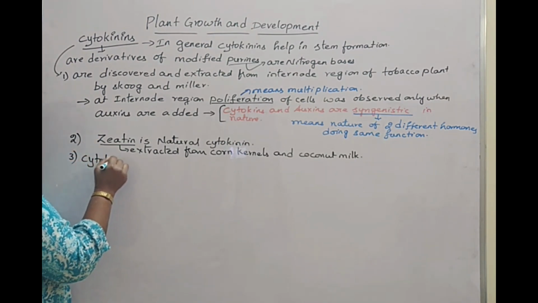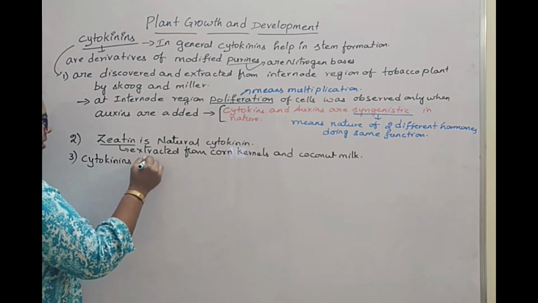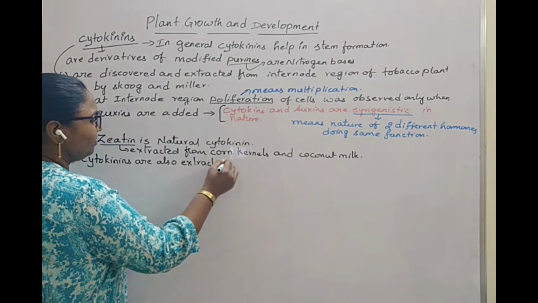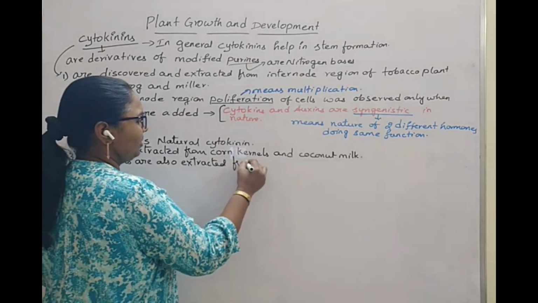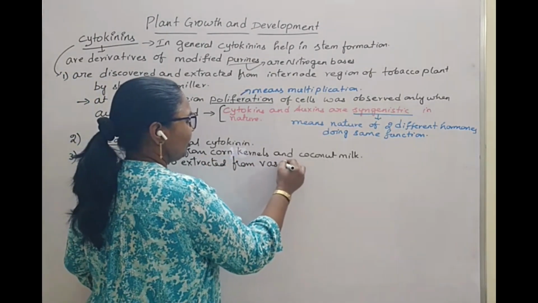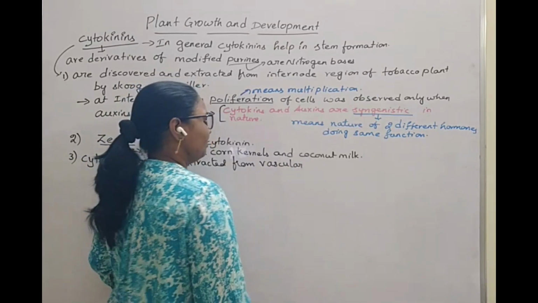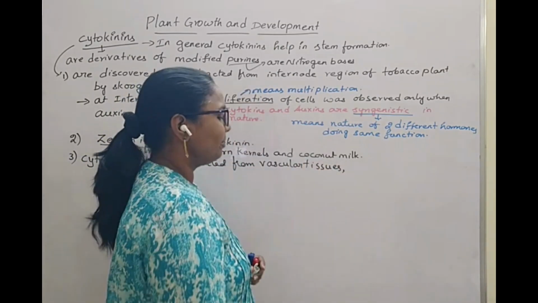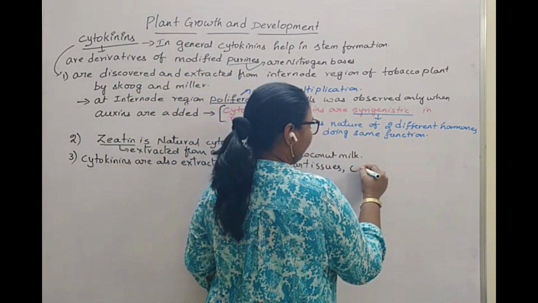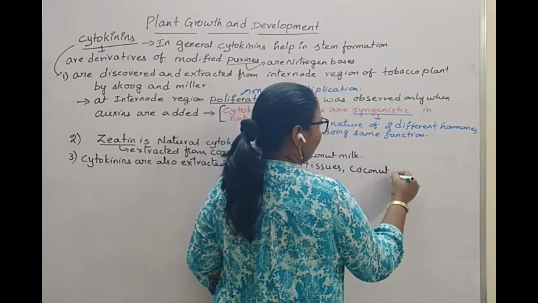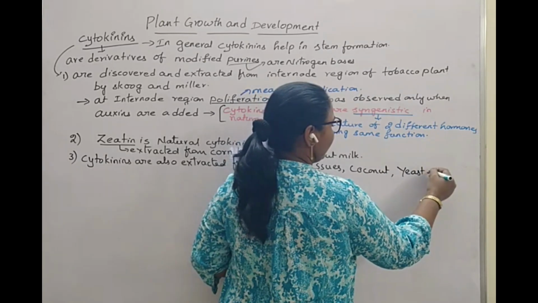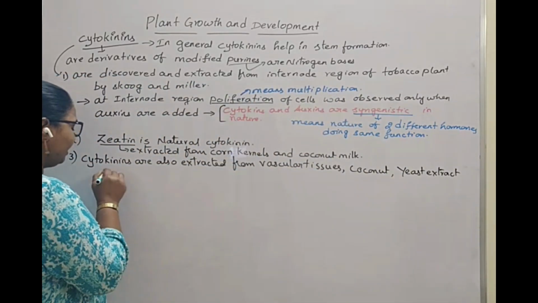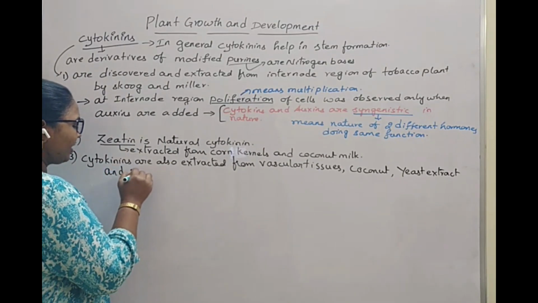Cytokinins are also extracted from vascular tissues of plants, from yeast cells, coconut milk, yeast extract, and DNA extract.